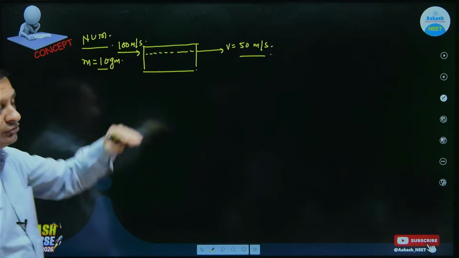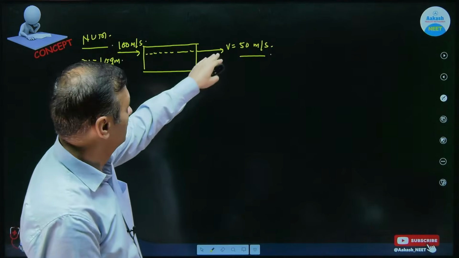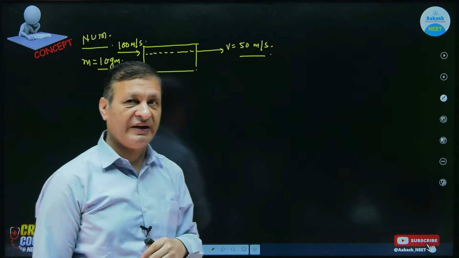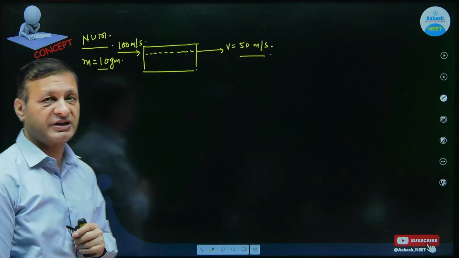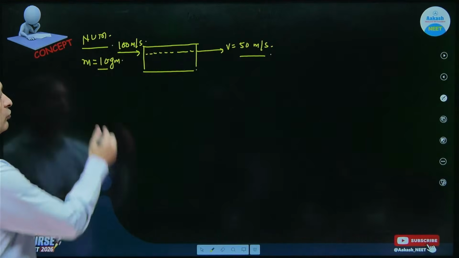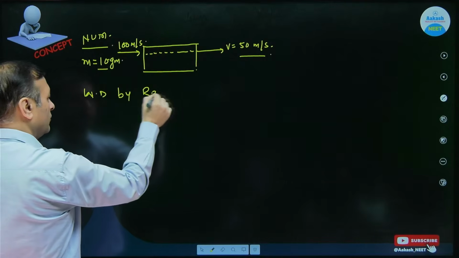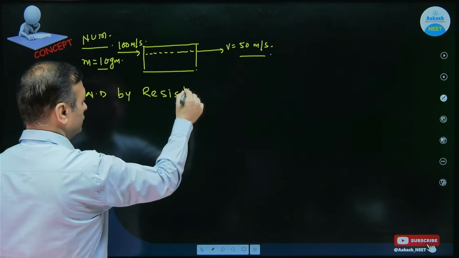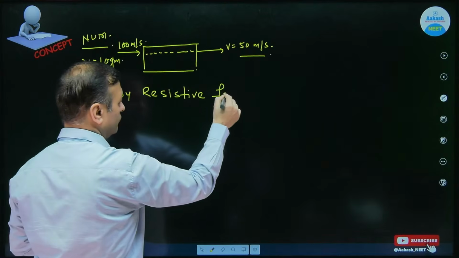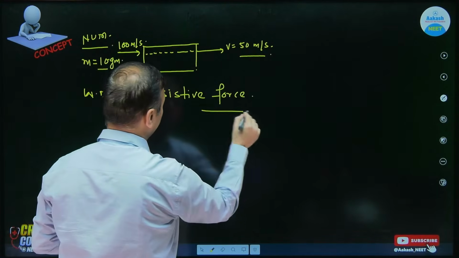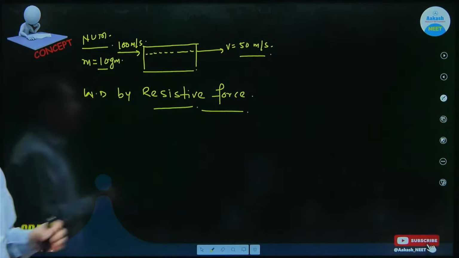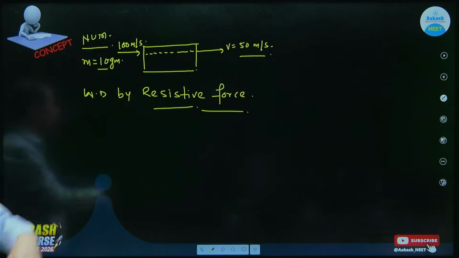So piercing through this block, the bullet comes out finally with speed 50 meter per second. So we have to find out the work done by the resistive force. And that resistive force is purely offered by this block and it has slowed down.